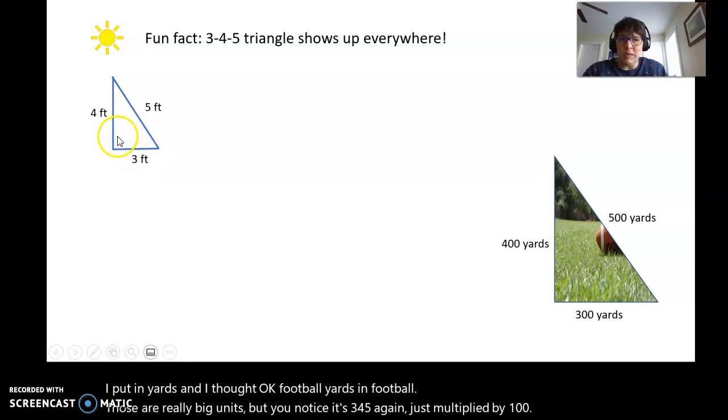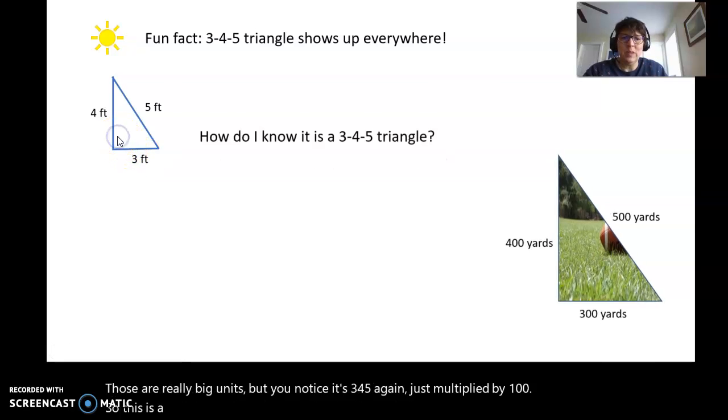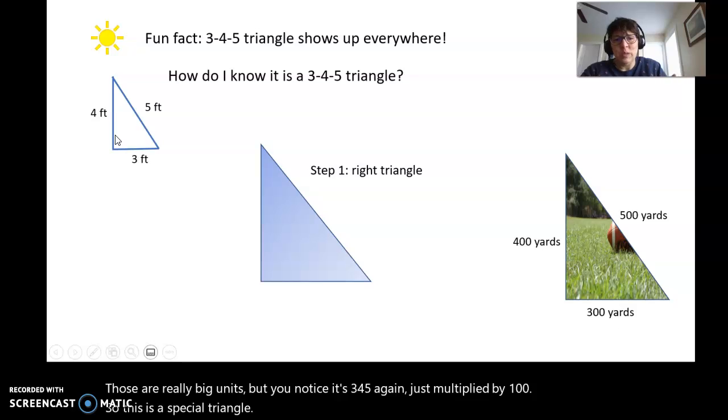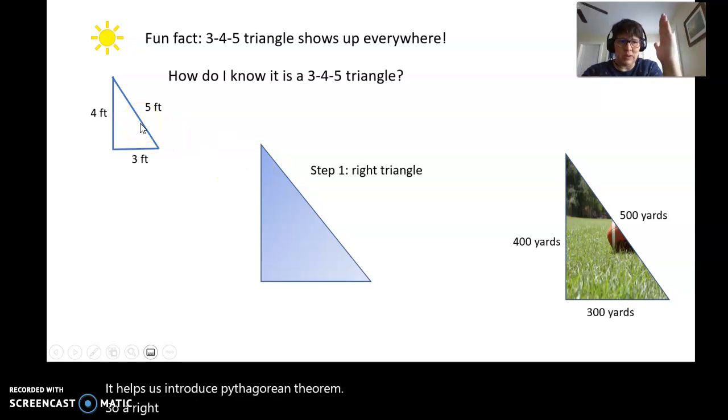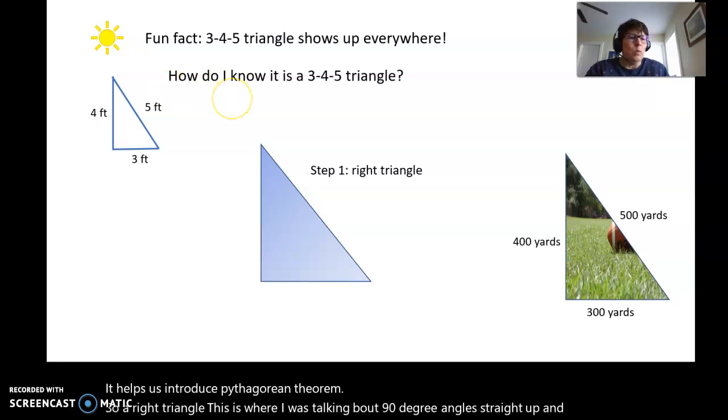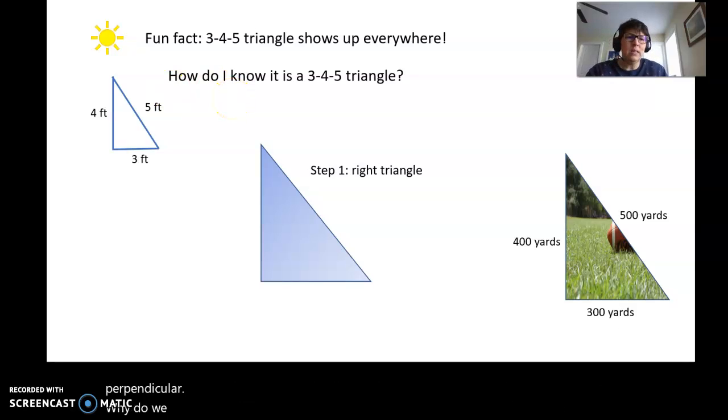So this is a special triangle, and it helps us introduce the Pythagorean theorem. So, a right triangle. This is where I was talking about 90-degree angles, straight up and down, perpendicular. Why do we like right triangles? They're actually very sturdy.